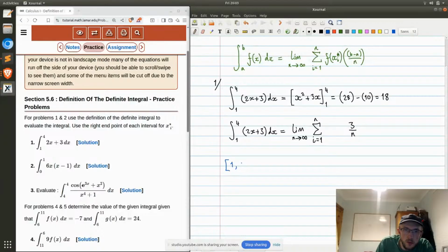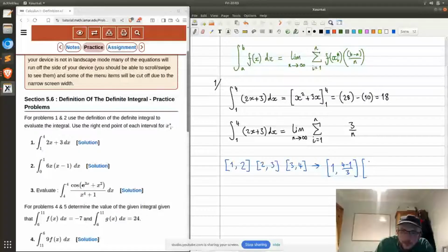So that would go 1 to 2, 2 to 3, 3 to 4. And then it would be that from before. And then 2 lots of it.